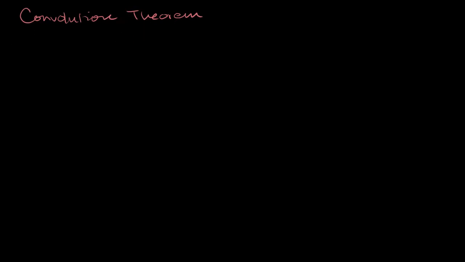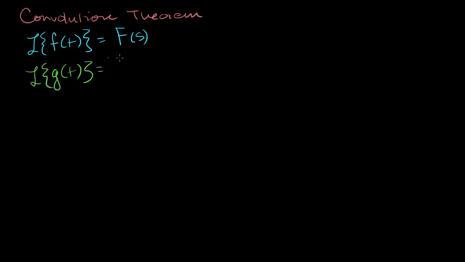It tells us that if I have a function f of t, and I define its Laplace transform as capital F of s, we've done that before. And if I have another function g of t, and I take its Laplace transform, that, of course, is capital G of s.